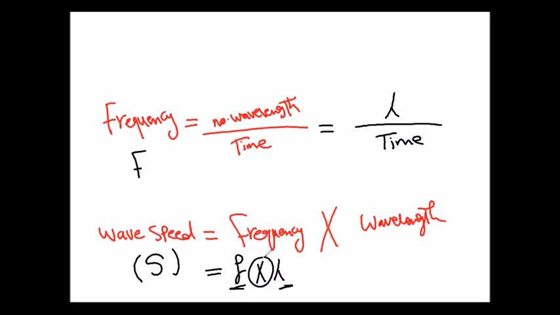It equals frequency multiplied by wavelength. Okay, as I told you guys, the wavelength will have another symbol which will make it easy for you to write it. It's called lambda.